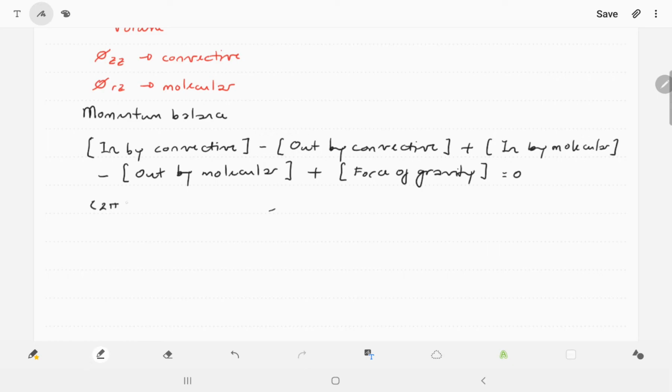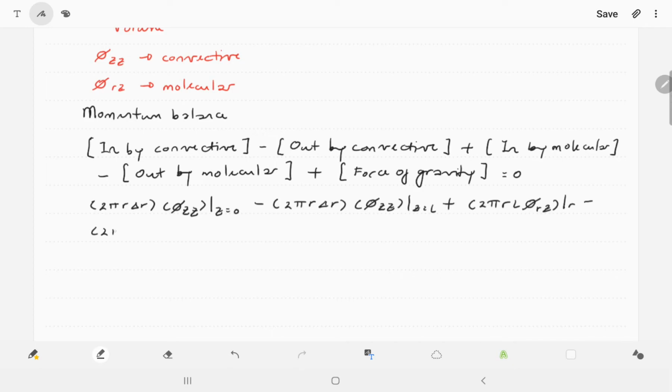2 pi r delta r phi zz at z equal 0 minus 2 pi r delta r phi zz at z equal L plus 2 pi RL phi rz at r minus 2 pi RL phi rz at r plus delta r plus 2 pi r delta r L rho g is equal to 0.